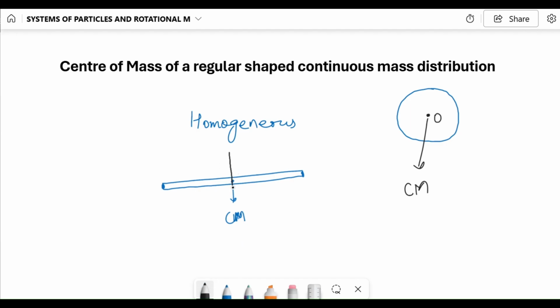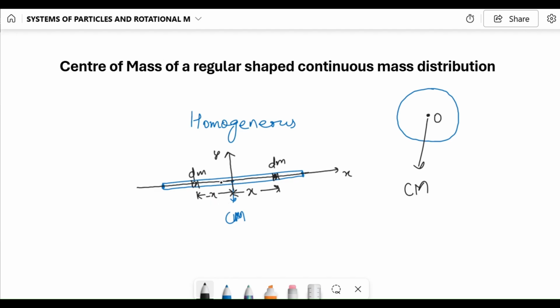Let's say we have chosen this axis, and this is, let's say, x-axis along this. If we are choosing here an elemental mass, let's say at x, and if this is uniform distribution of mass, there will be, let's say this is dm, there will be another dm on this side exactly at the same distance x, but towards the negative side.